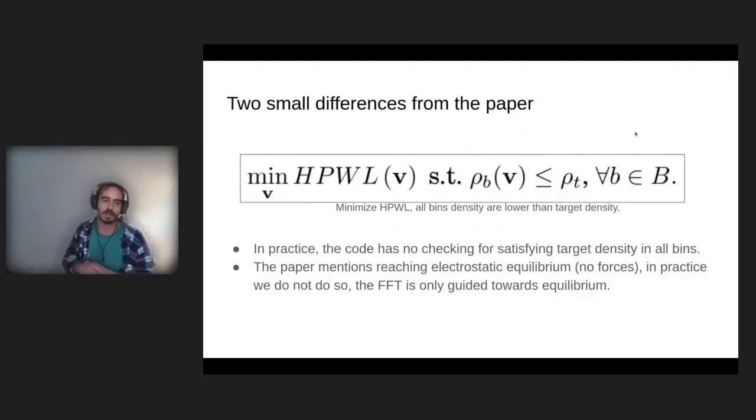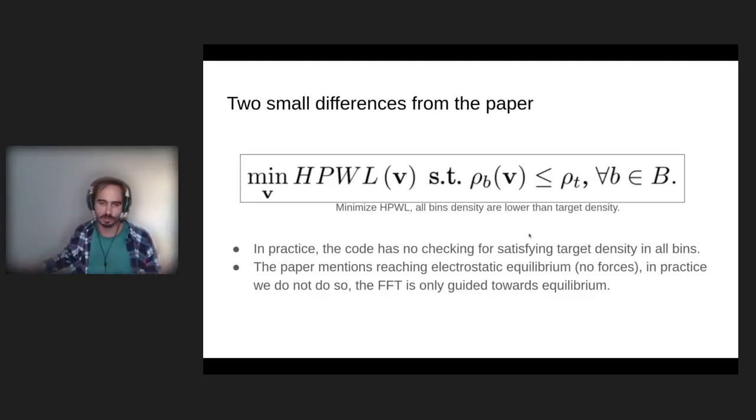Yeah, here I just separated an example of a difference between the paper and the actual implementation of GPL. In the paper, there is this mention that we try to minimize wire length, given that the bin's density is lower than the target density. The target density is a value given by the user. But in practice, we do not do this checking.